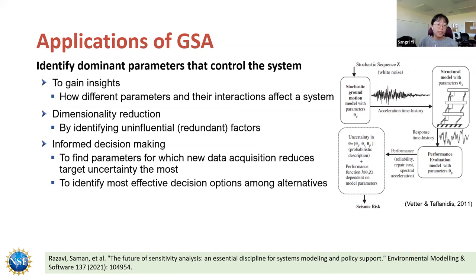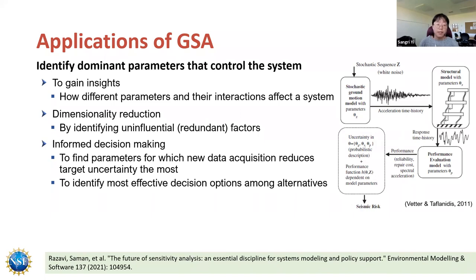And also it can be used for informed decision making. For example, when you have a budget to conduct more measurements, then you will want to measure something that will reduce the response variance significantly. And finding these important parameters to measure can also be identified by GSA. And also when you do design optimization, you can identify the most effective decision options among alternatives by finding the one that has the highest sensitivity index.